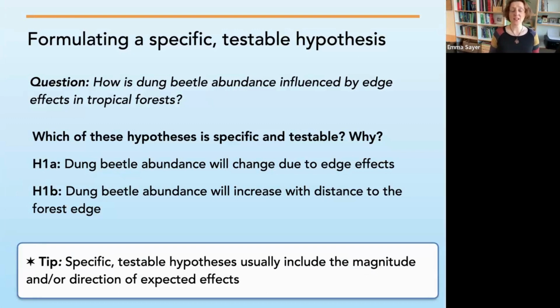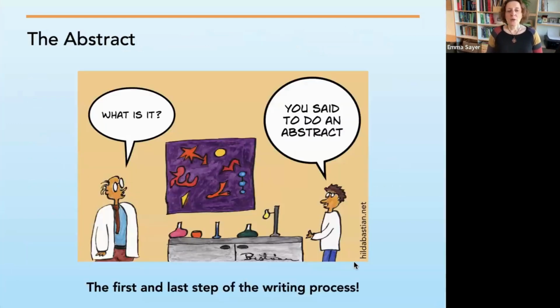So in this case, we think abundance will increase with distance to the forest edge. So there we have the direction of the effect, an increase, and we've also given distance to the forest edge as our measure for that increase.